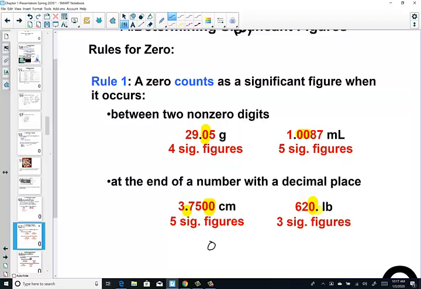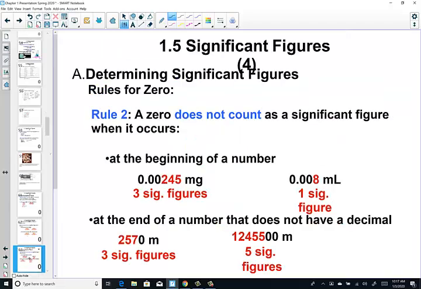Let's talk about when zeros are not significant. A 0 does not count as a significant figure when it occurs at the beginning of a number and is really just being used as a placeholder. For example, 0.00.